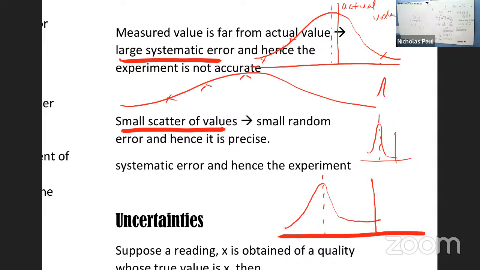Are you ready? Now let's start taking a look at our calculations.